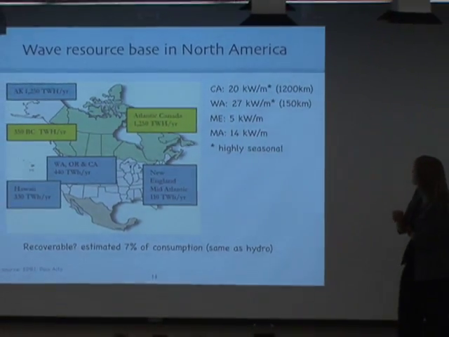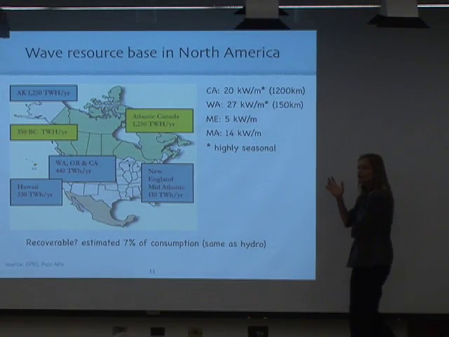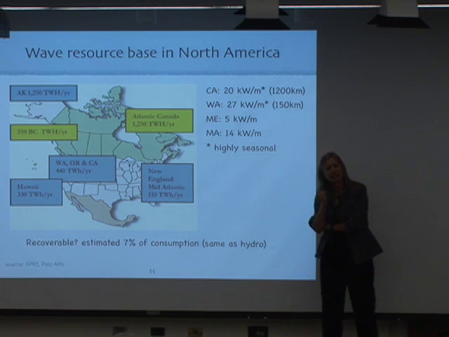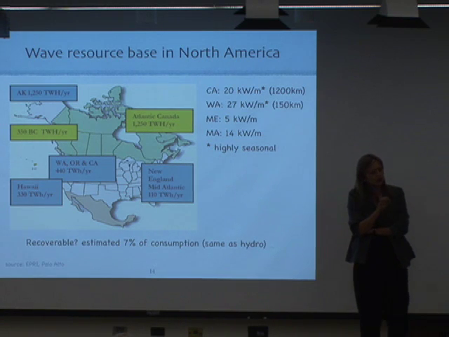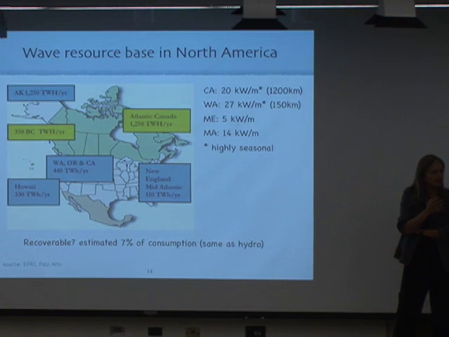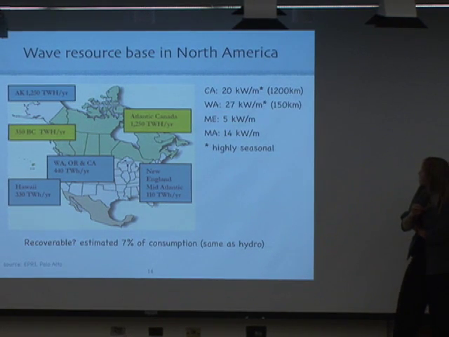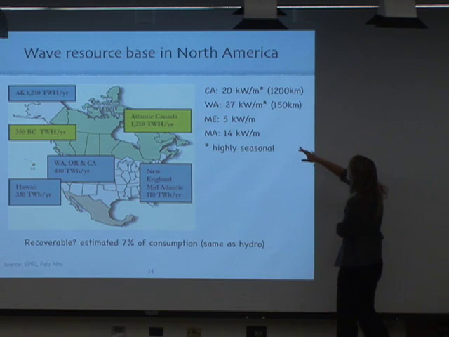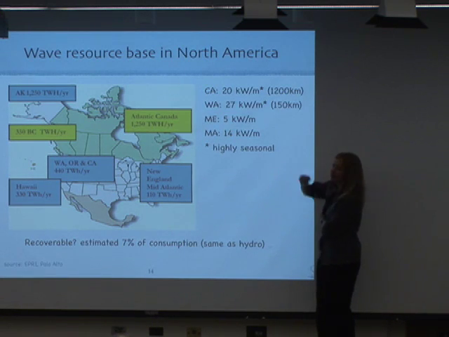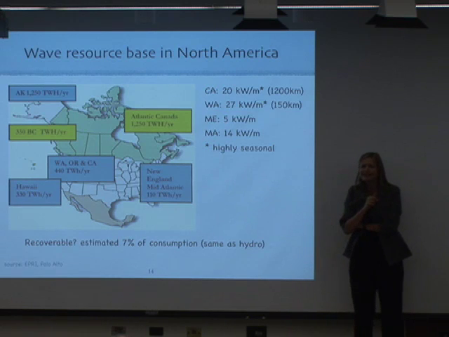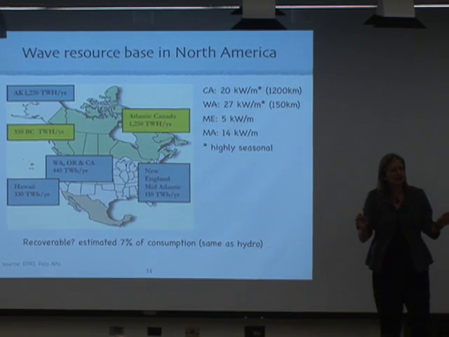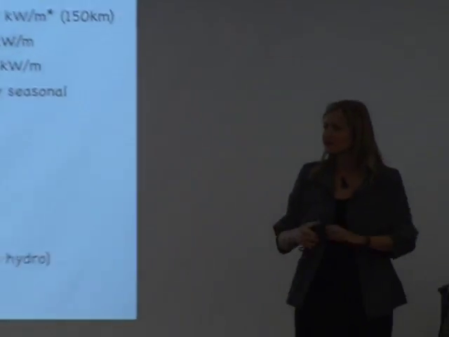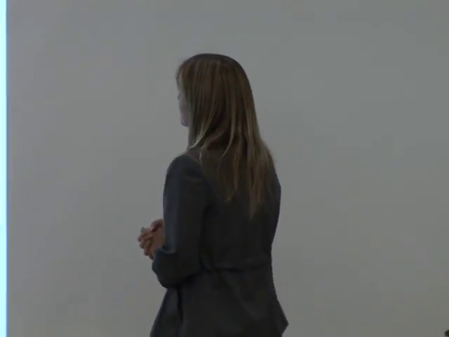Now, not world class, right? It's 20 to 30 kilowatts per meter. World class would be a little bit more, but good enough to really look at this and see if we can do something with this. For example, California, say 20 kilowatts per meter, but we have 1,200 kilometers of coastline. So if we don't mind giving up a coastline and putting wave devices everywhere, we could get quite a significant amount in there.